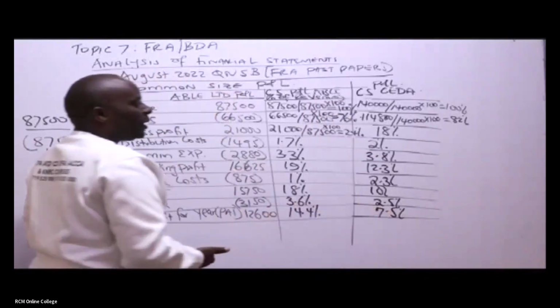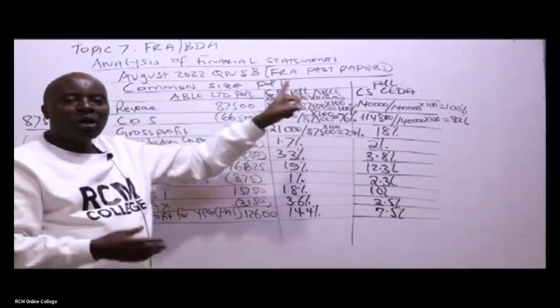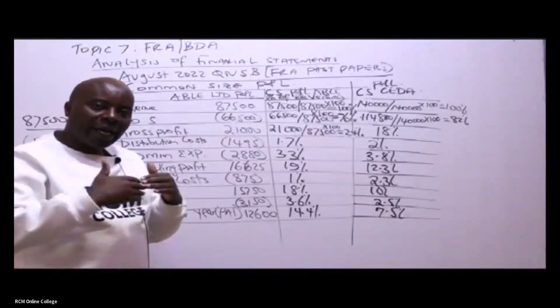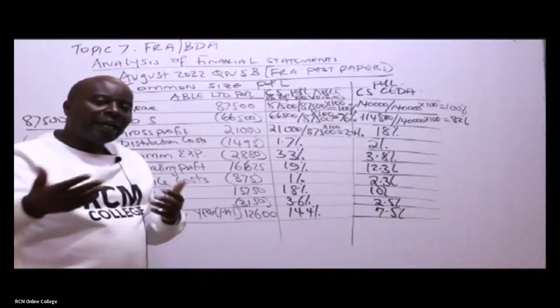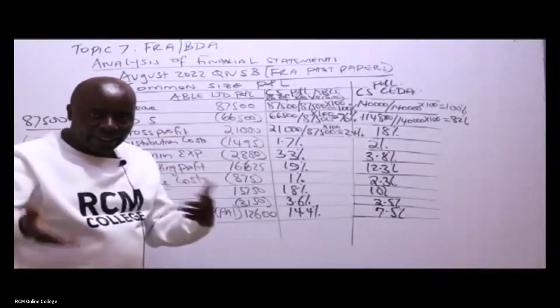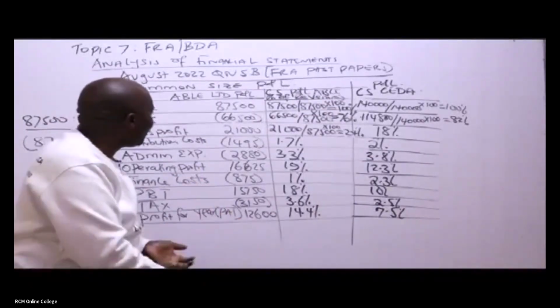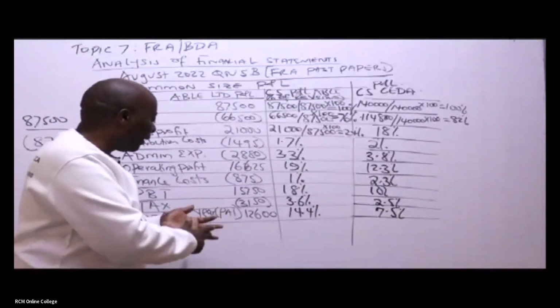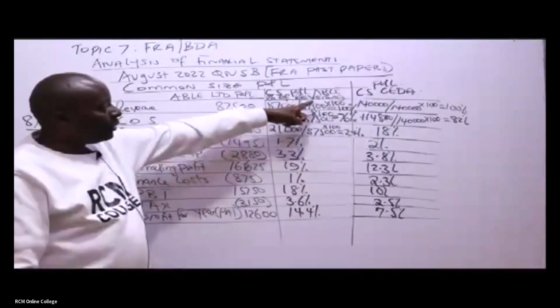So the potential shareholders should invest in Able Limited because it has a higher gross profit percentage and a higher net profit percentage.